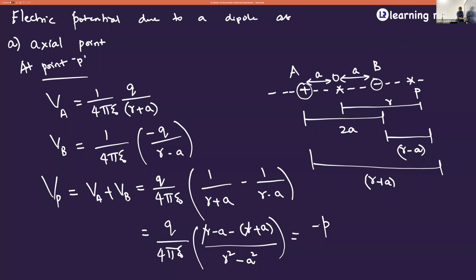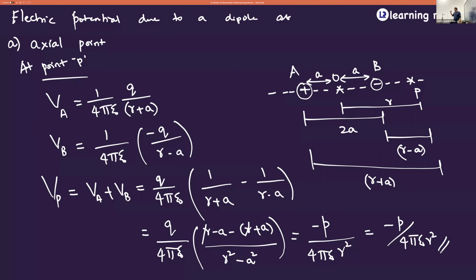The whole is divided by 4 pi epsilon naught, and we know the approximation between r and a: r is very much greater than a. So r square minus a square is approximated to r square. The answer is minus p divided by 4 pi epsilon naught r square.